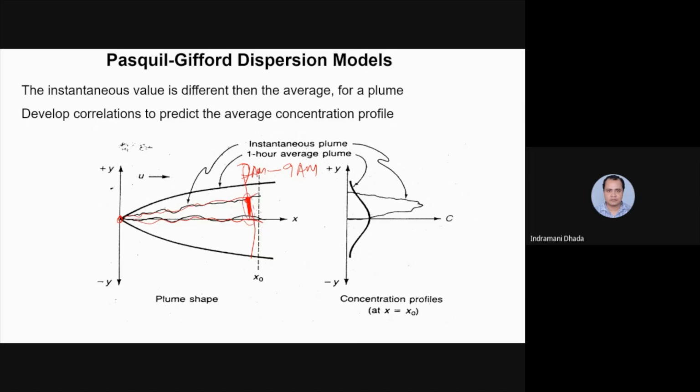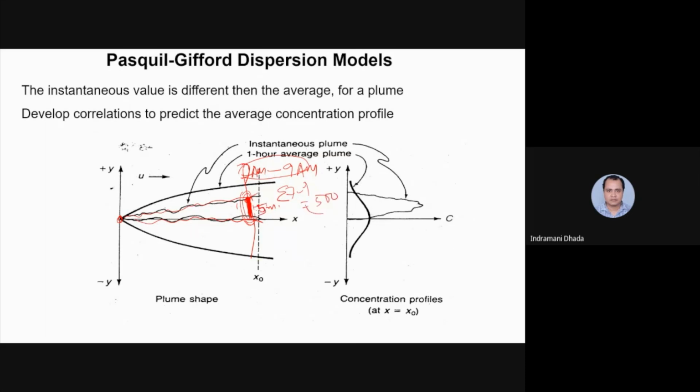You accumulate or sum those concentrations from 7 a.m. to 9 a.m. The total concentration at this particular place during this 2 hours is much more than the instantaneous concentration you are getting at a particular time. Suppose at 7 a.m. you are getting 5 ppm, and during 7 to 9, if you sum, you will get 500 ppm total.